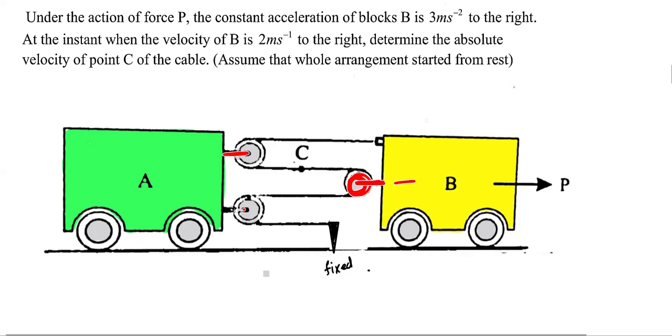The displacement of this pulley should be equal to displacement of block A. So here we have like this. And the displacement of block B should be equal to displacement of this pulley.